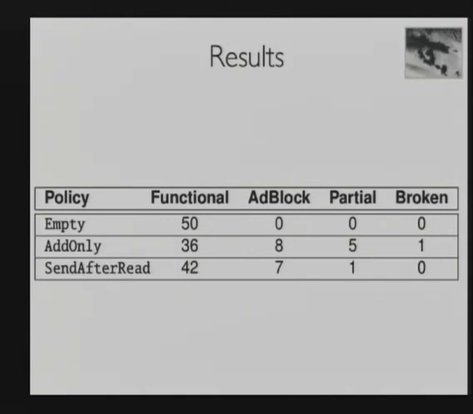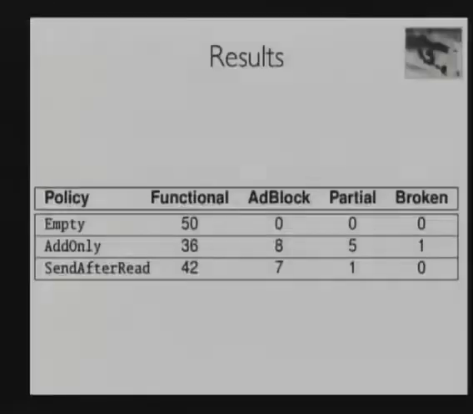Then we tried a policy that prevents updates to existing fields of the global object. So you're allowed to add new fields because sometimes you need to install functions, but you're not allowed to update existing ones. And the result is 36 of the websites ran fine.